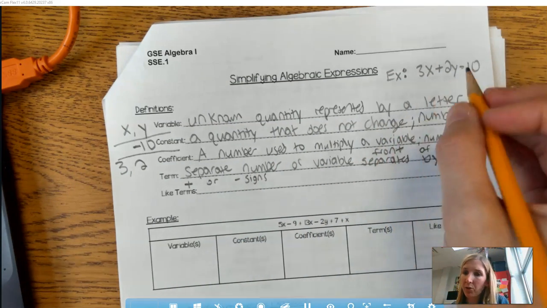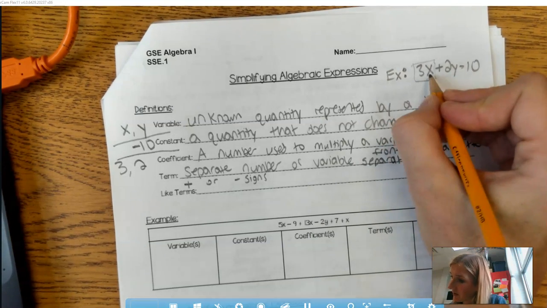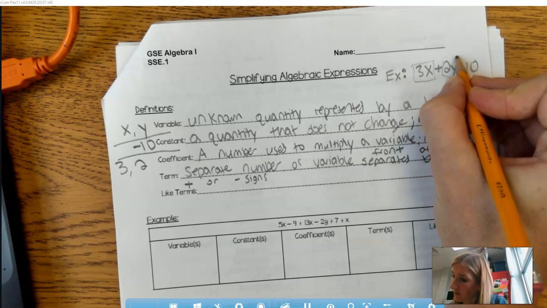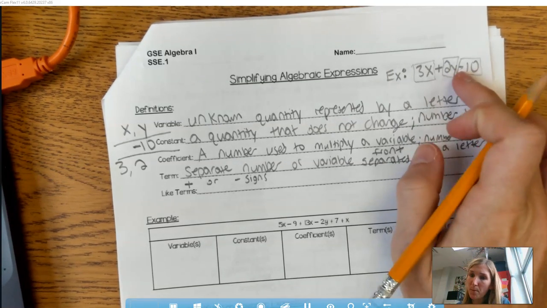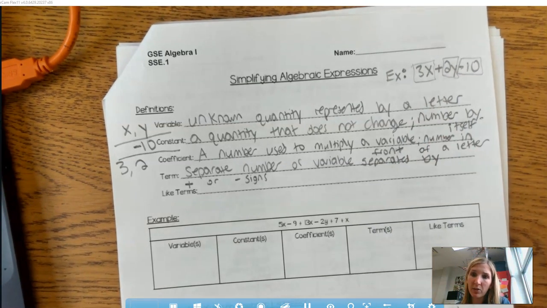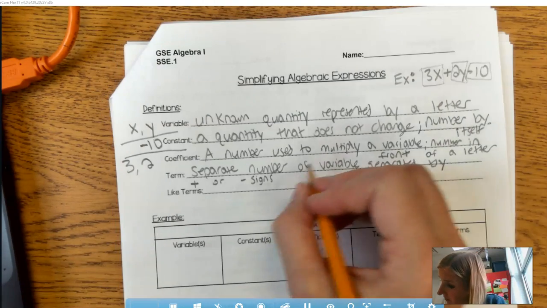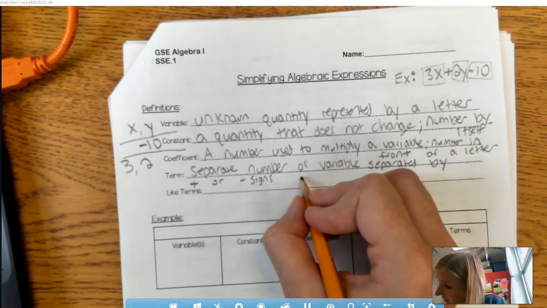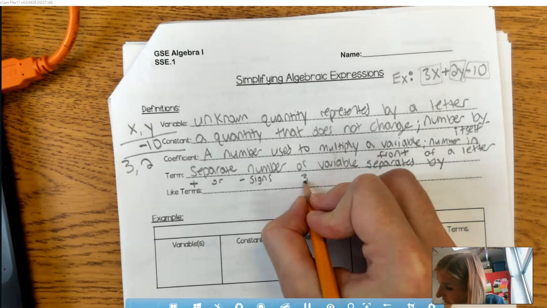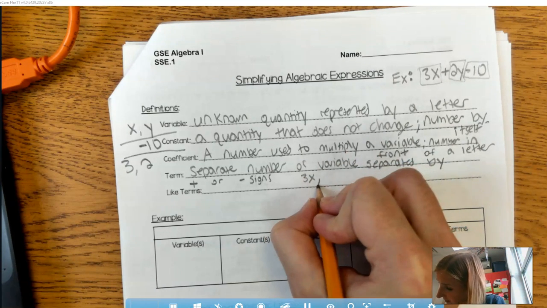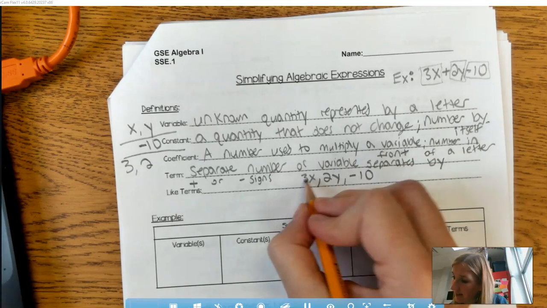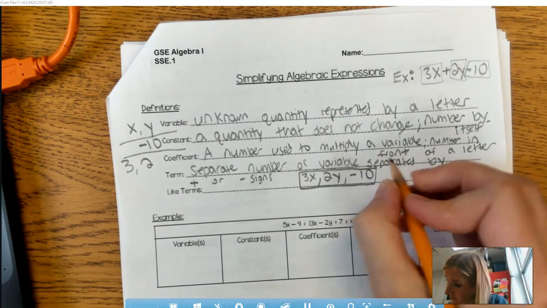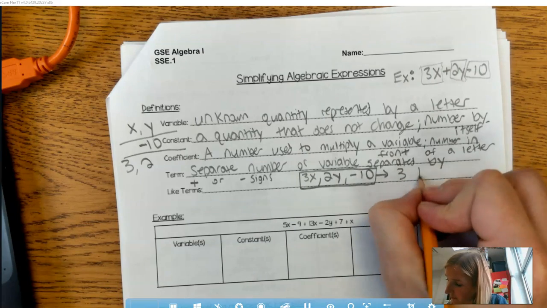Looking up here, we've got three different terms. We have 3x, we have 2y, and we have negative 10. Remember, if it's a subtraction sign, it stays with that number that it's in front of. So in my example up here, we have three different terms. We have 3x, comma, 2y is our next term, comma, and negative 10 is our last term. So we have three terms.